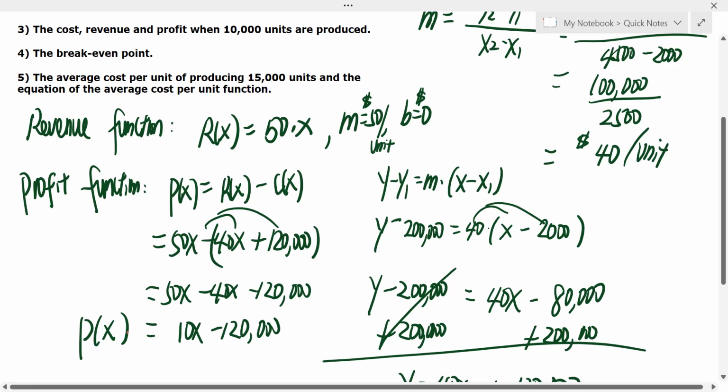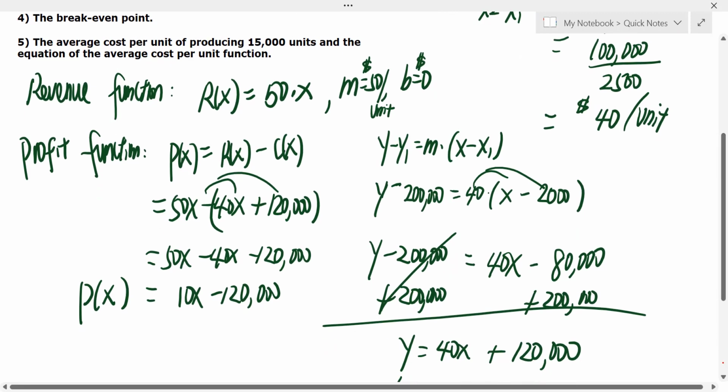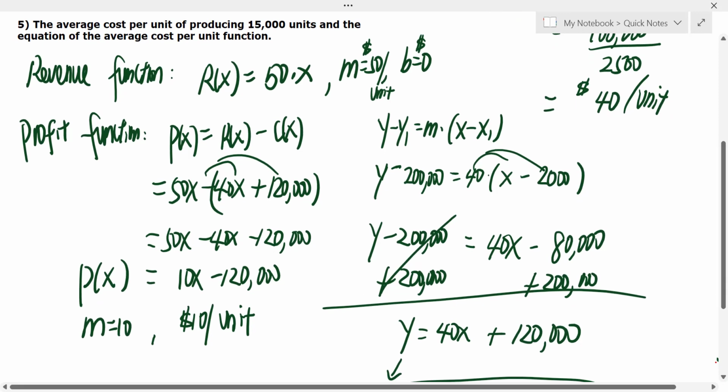Profit function. This profit function's slope m is 10. So this means the profit is $10 per unit. And the y-intercept b is minus 120,000.